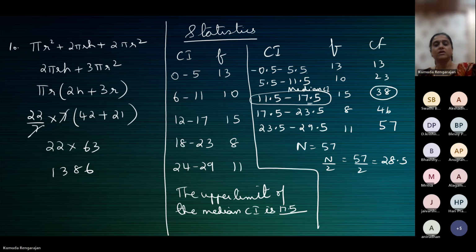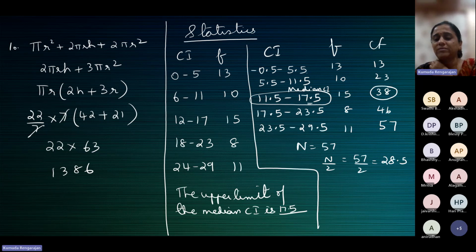Good. So make the class intervals continuous. For median and mode, you have to make the class intervals continuous. Then write the frequencies. Find the cumulative frequencies. N is equal to 57. The total of the frequency column is 57. You can add and check.